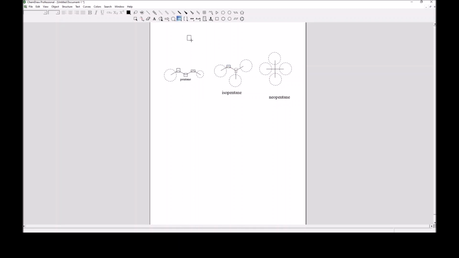And so then I'll just make a figure legend for this so that you can figure out what I'm trying to do. And then we had circles. And so the solid box was equal to the methylene groups.